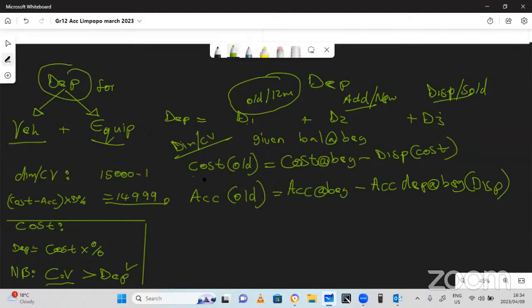So let's check what if we are given the balances at the end. If we are given the balances at the end and we are looking for the diminishing balance method, because it's only the diminishing balance method that we'll be using.